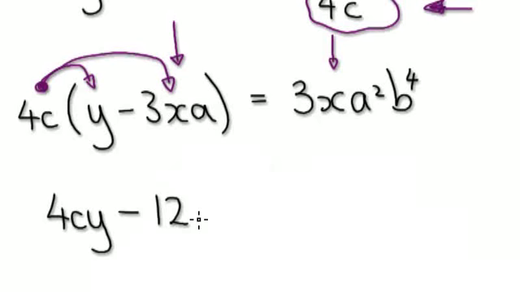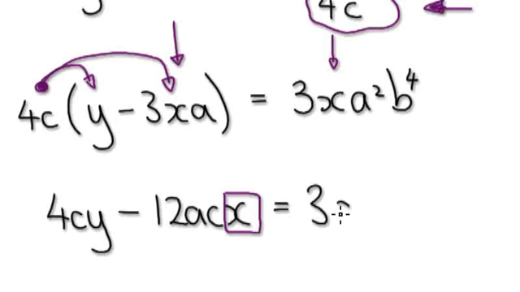I'm going to leave the x at the end. It can be in any order, but because I'm trying to make x the subject, I prefer this to be right at the end, but it doesn't have to be. So equals, on the right hand side, 3a squared b to the power 4x.